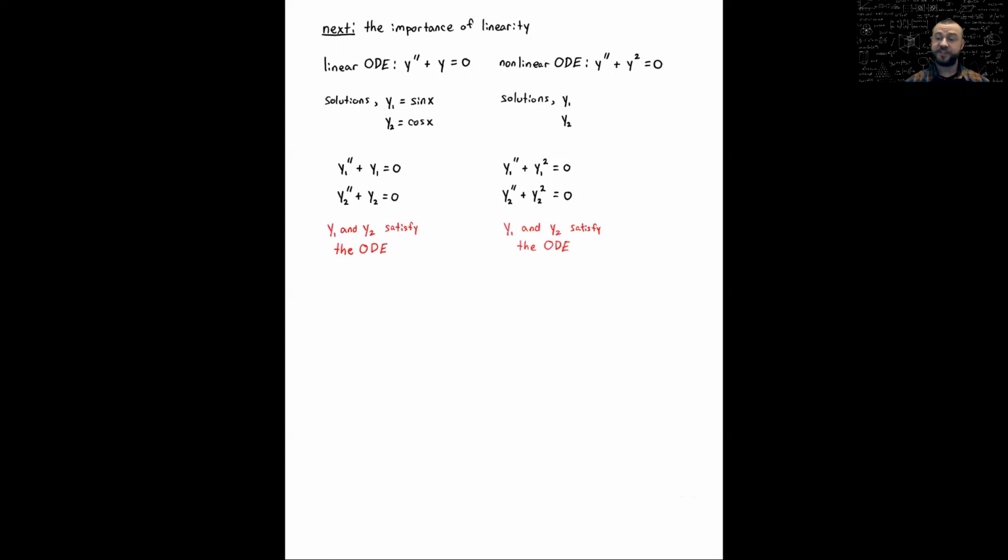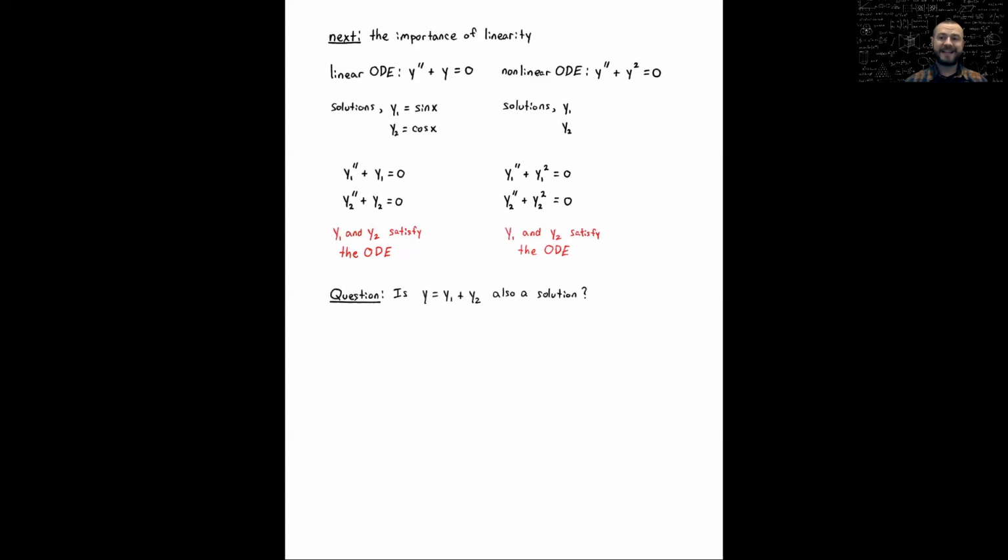So what that means is individually, if we plug y1 and y2 into their respective differential equations, since they're solutions, they should satisfy the equation. That's our assumption: y1 and y2 are solutions to the linear ODE, and then a different y1 and y2 are solutions to the nonlinear ODE.